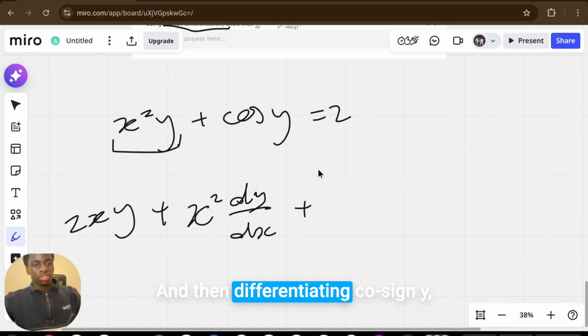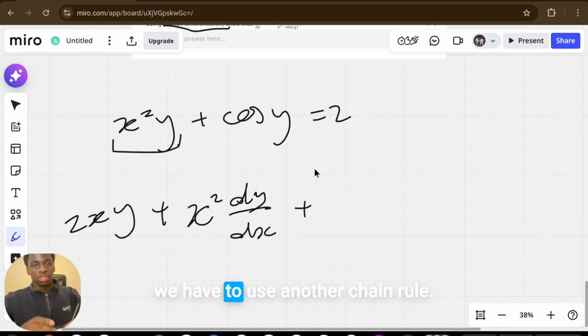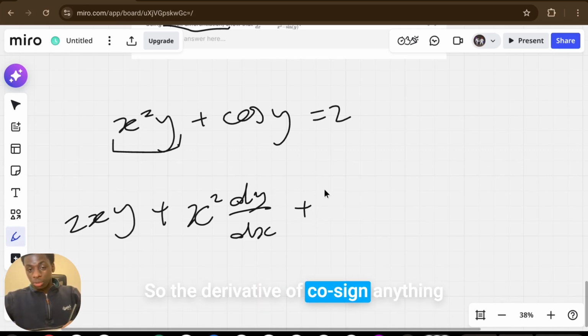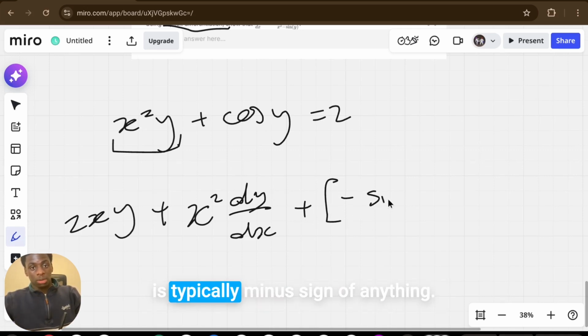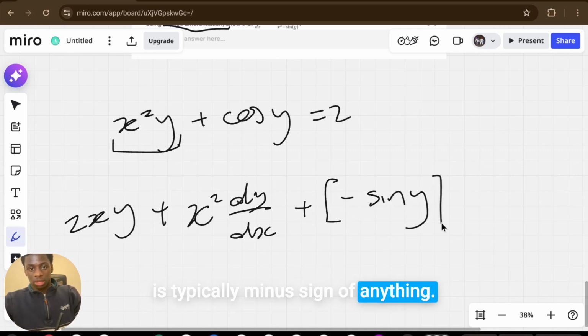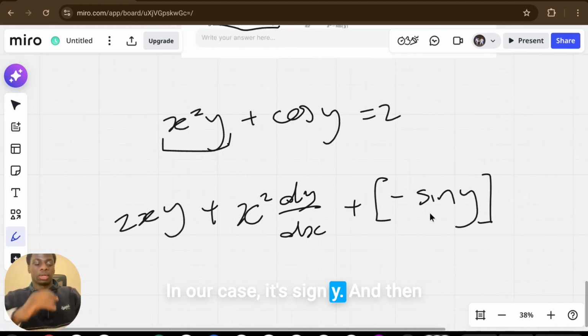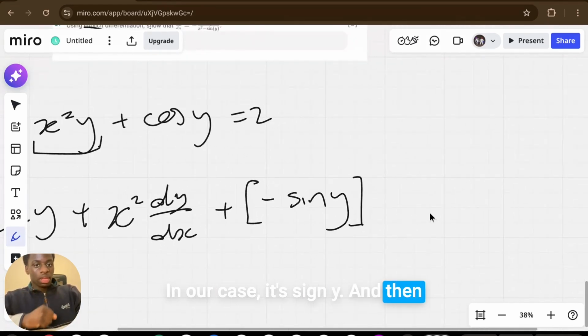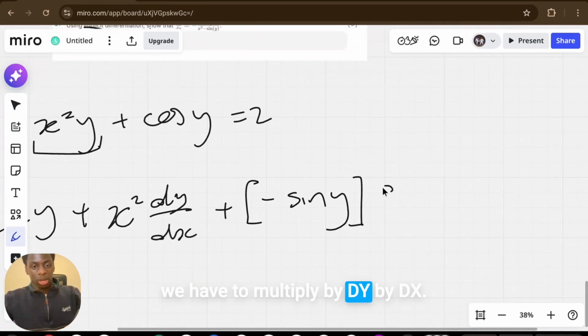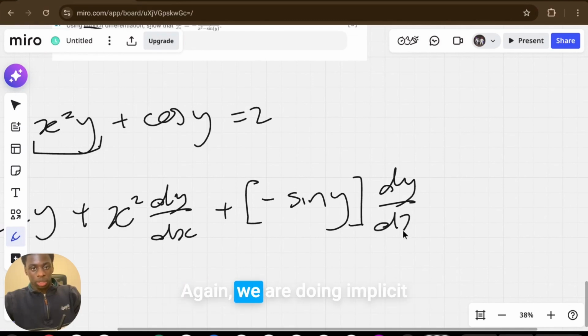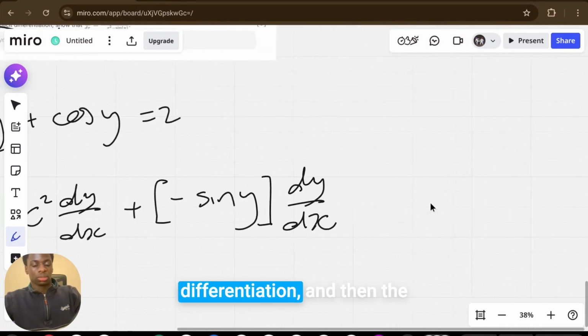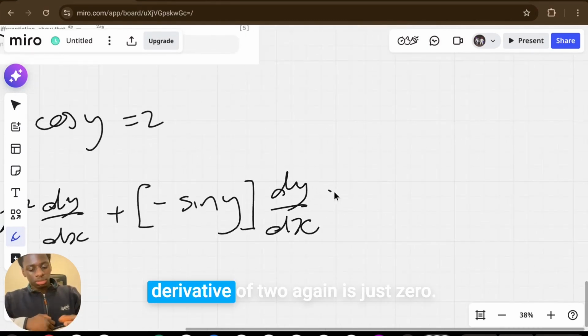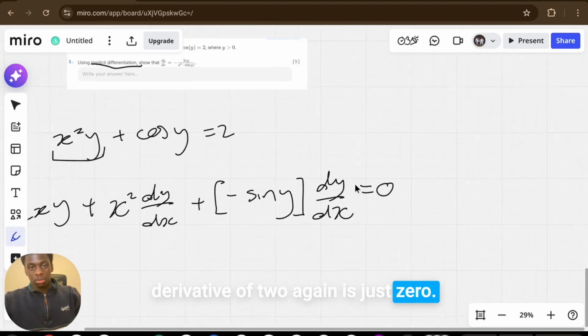And then differentiating cosine y, we have to use another chain rule. So the derivative of cosine anything is typically minus sine of anything. In our case, it's sine y. And then we have to multiply by dy by dx. Again, we're doing implicit differentiation. And then the derivative of 2, again, is just 0.